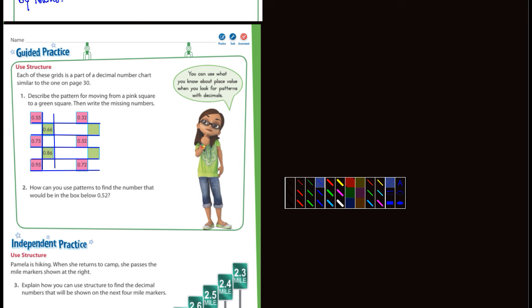And so that's going to be 0.56. Oops. Take it off that. 0.56. They don't give me much room to write here.